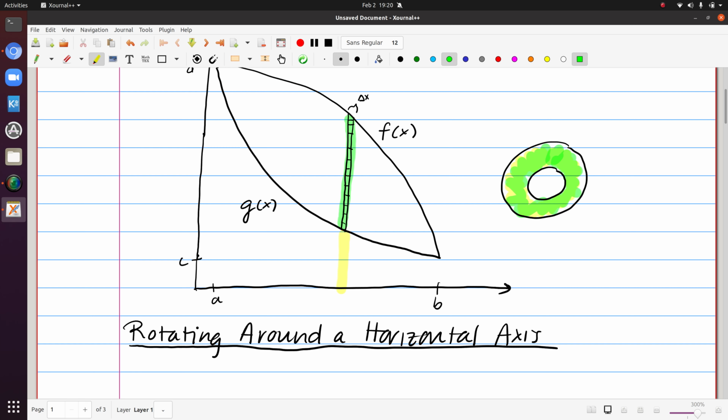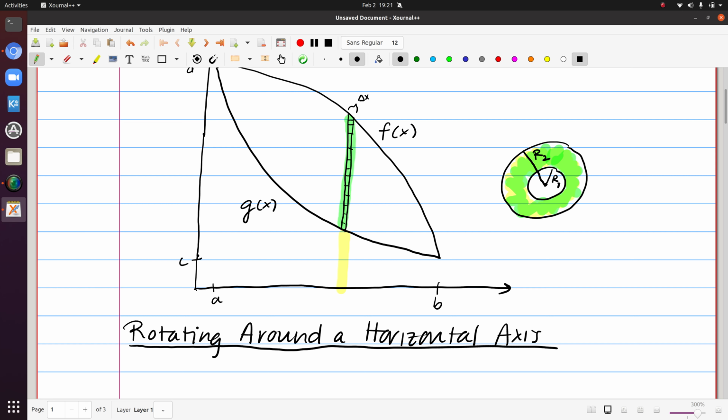So the only thing we have to consider is how do we find the volume of this kind of shape? Again, keep in mind this is like looking at the side of it, so the height would still be delta x. Suppose the radius of this inner circle is, let me make that visible, R1. And the radius of the outer circle is R2.